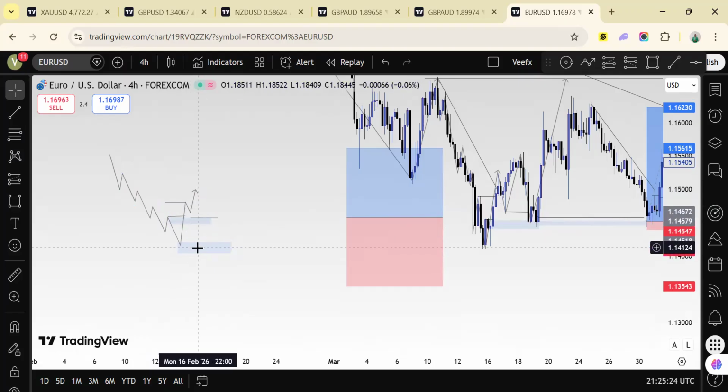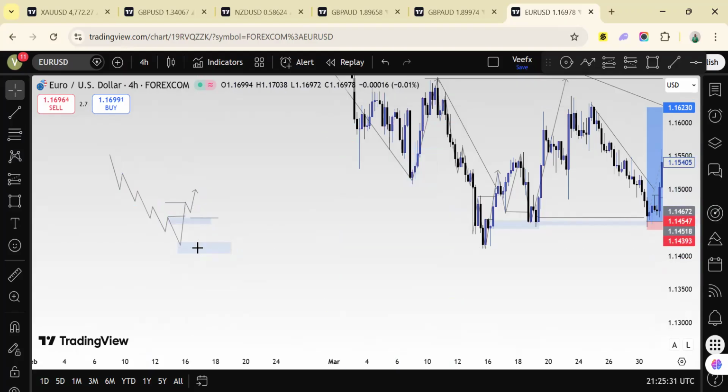And you might be wondering, okay, which one would I now choose? That will lead us to the fourth rule in picking your proper point of interest. The fourth rule says your POI needs to be the closest to the inducement liquidity.